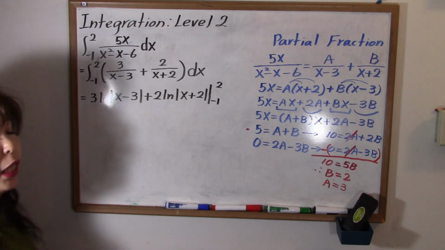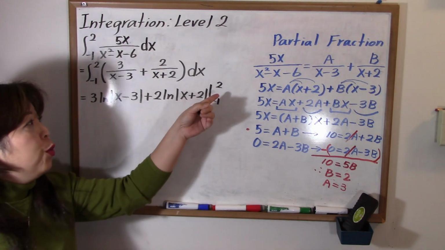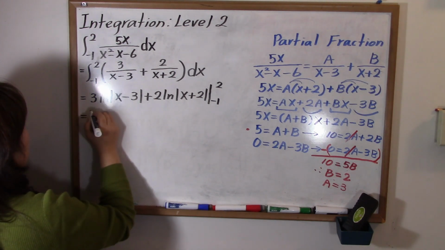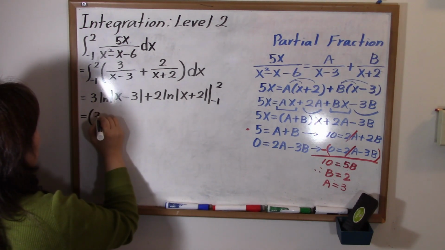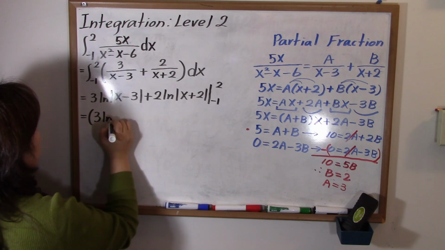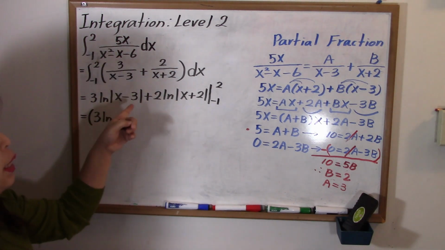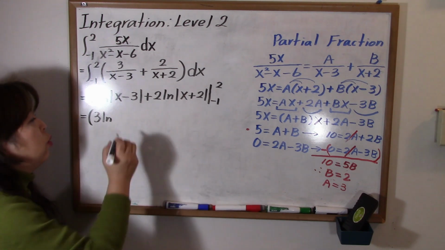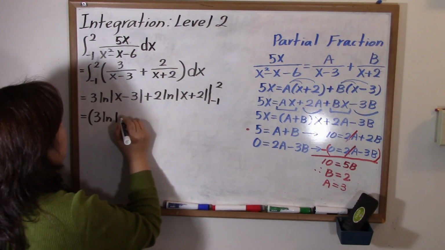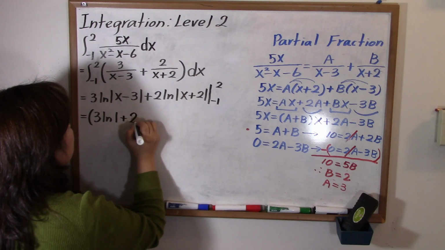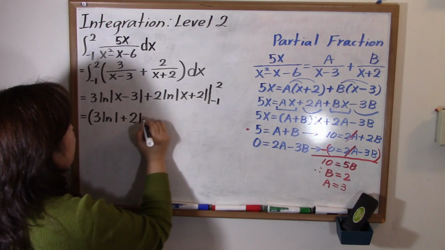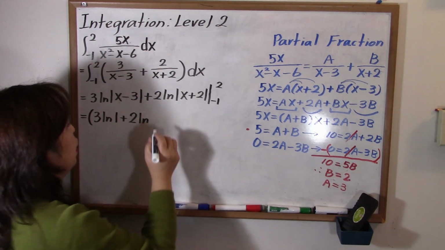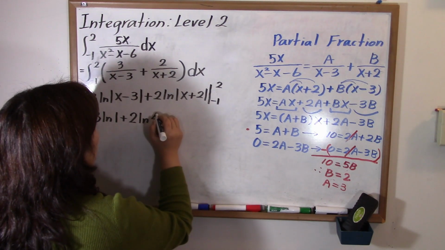So next step, we're going to plug 2 into x. 3 times ln absolute value of 2 minus 3. The absolute value of negative 1 is 1, so it will be 1. Plus 2 ln absolute value of 2 plus 2, which is 4.